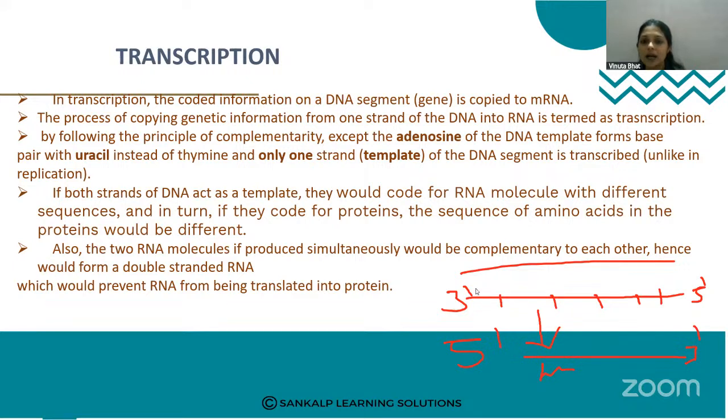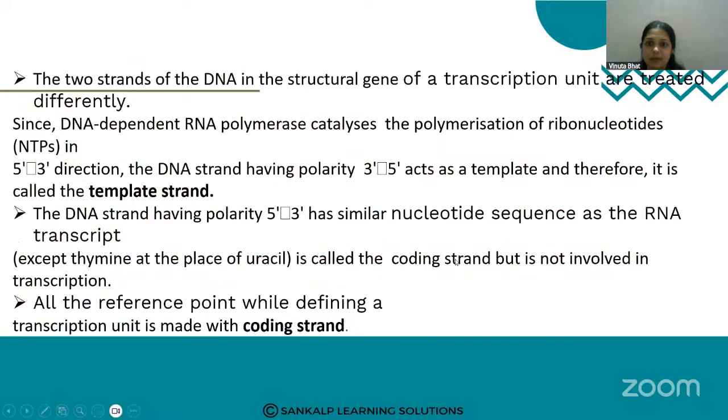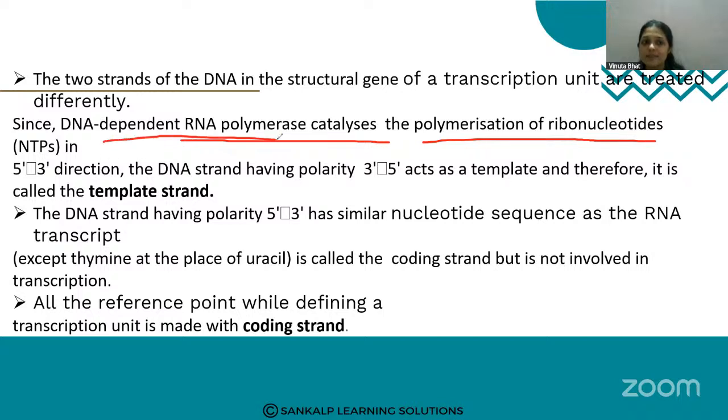So let us see how it occurs. The two strands of DNA in the structural gene of a transcription unit are treated differently, since DNA dependent RNA polymerase catalyzes the polymerization of the ribonucleotides. So this process is catalyzed by the DNA dependent RNA polymerase enzyme.